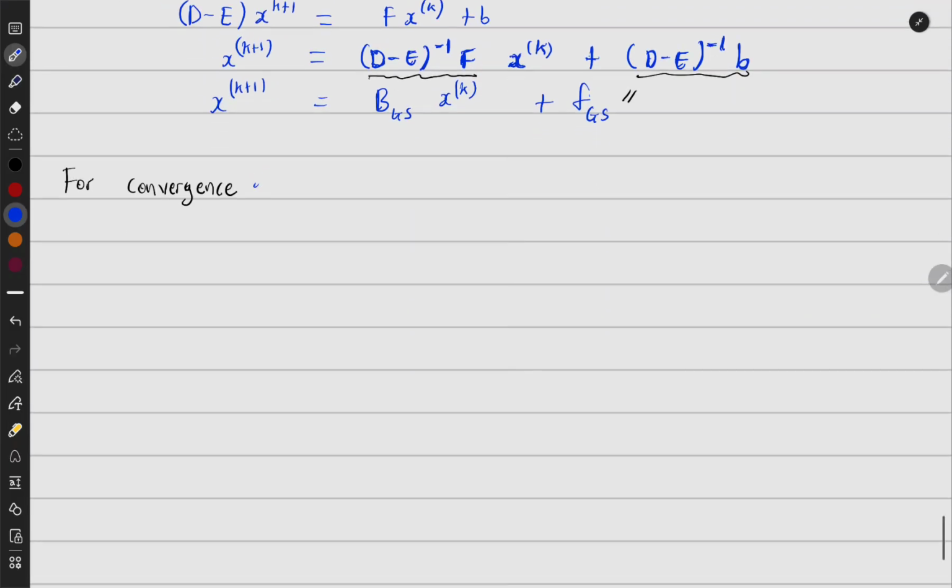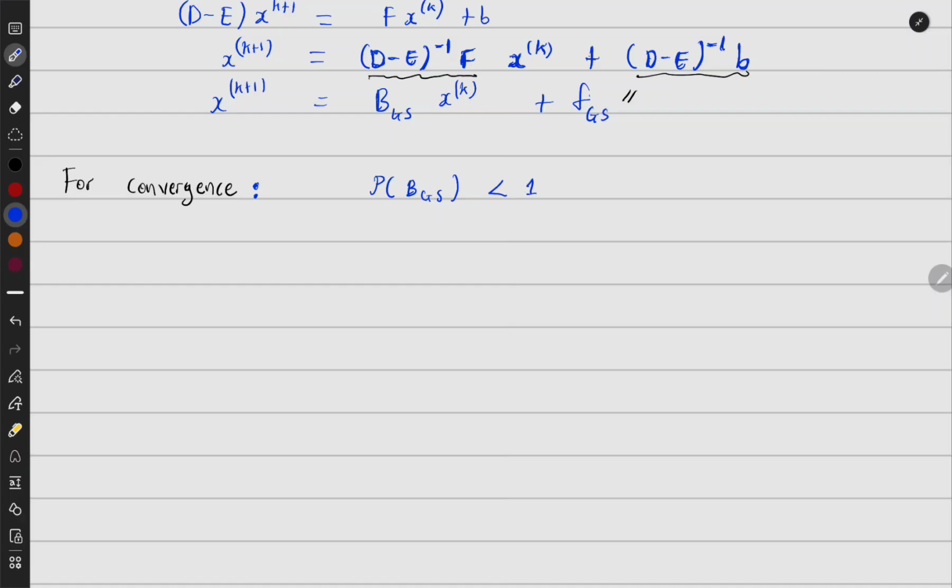Now for convergence, earlier on we emphasized that if an iterative method is consistent, then it is convergent if and only if the spectral radius of B, which I will call B_GS, is less than 1.